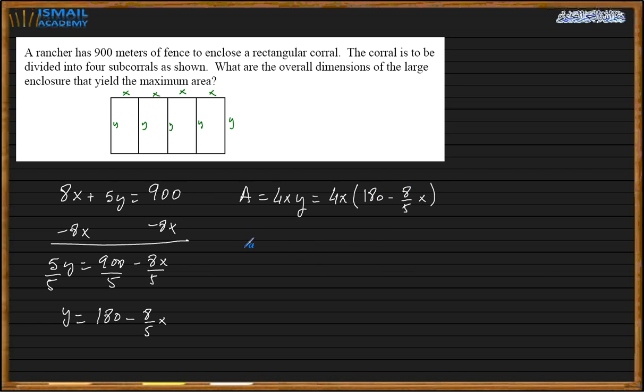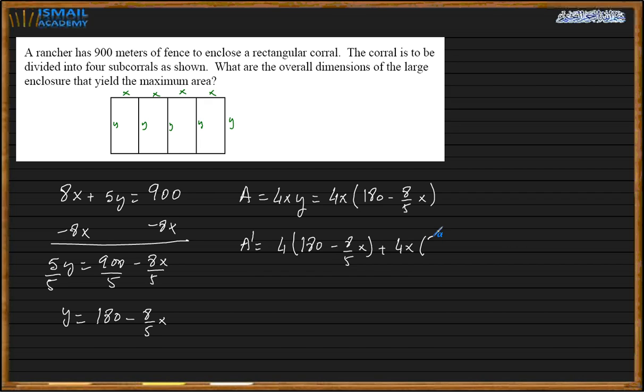Now what I do, I take the derivative. So it's going to be 4 times 180 minus 8 fifths x, plus 4x times minus 8 over 5.